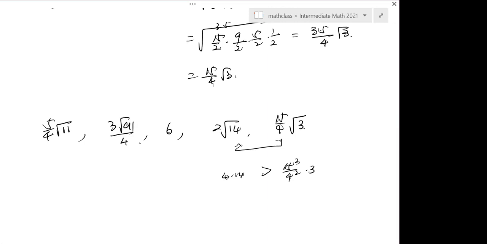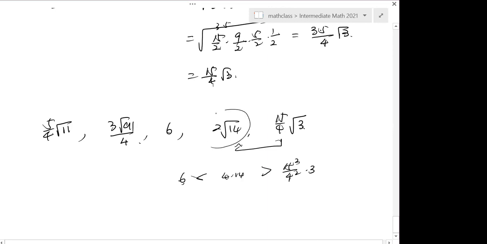And how about 6? You also square it: 36 minus 4 times 14. So 6 will be less than that number.